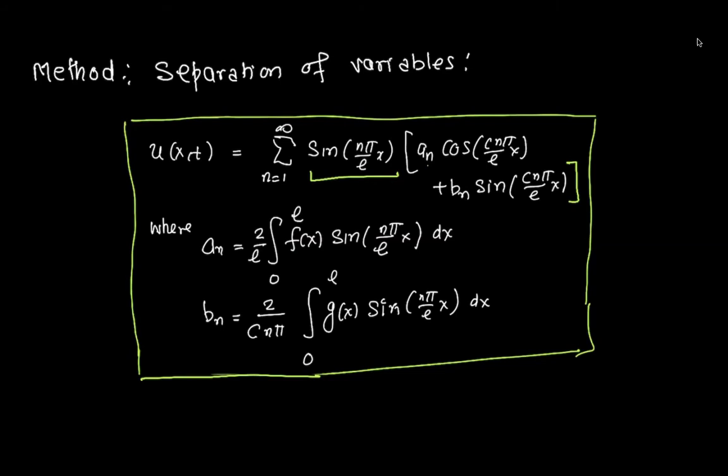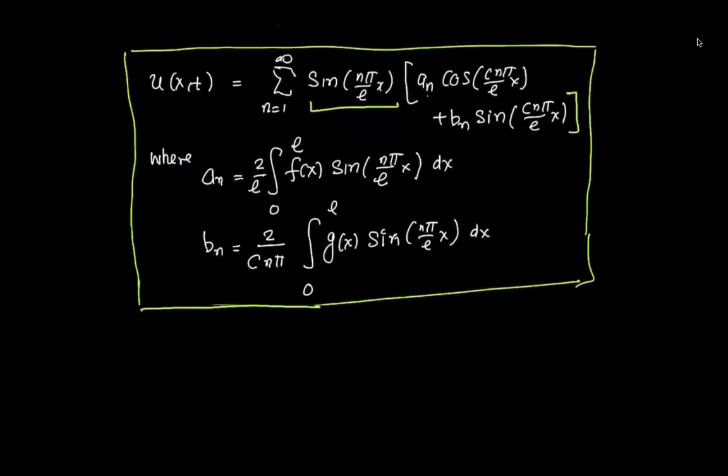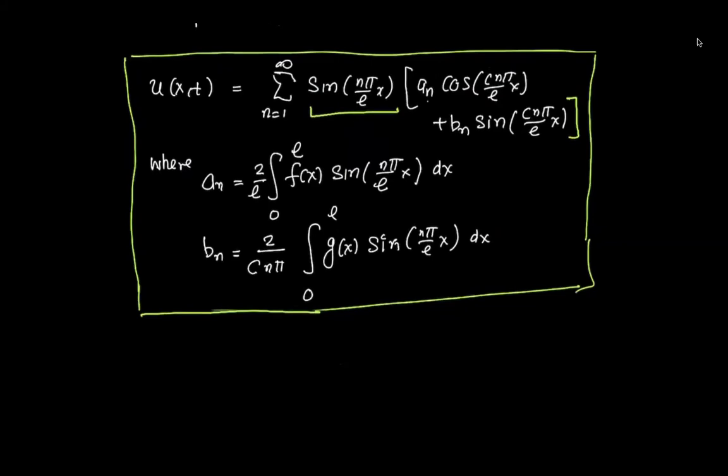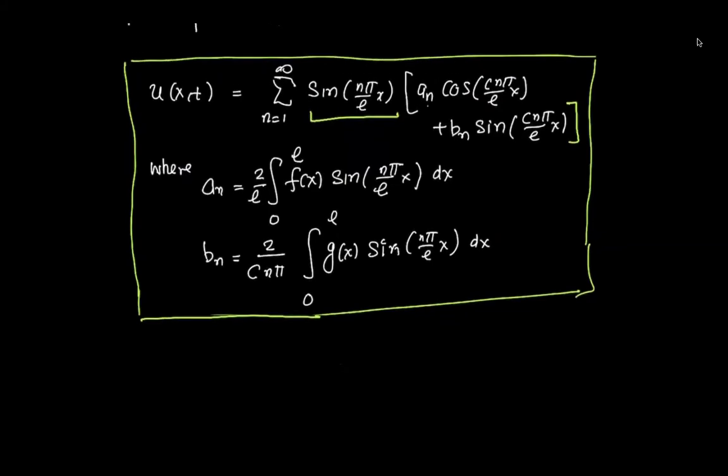We will see that when we use a different way of calculating the solution in the second method. This is how you calculate a_n, and this is how you calculate b_n. These are the coefficients. In any practical problem, all you have to do is calculate a_n and b_n, which is the integration of the function against the sinusoidal function sine x.